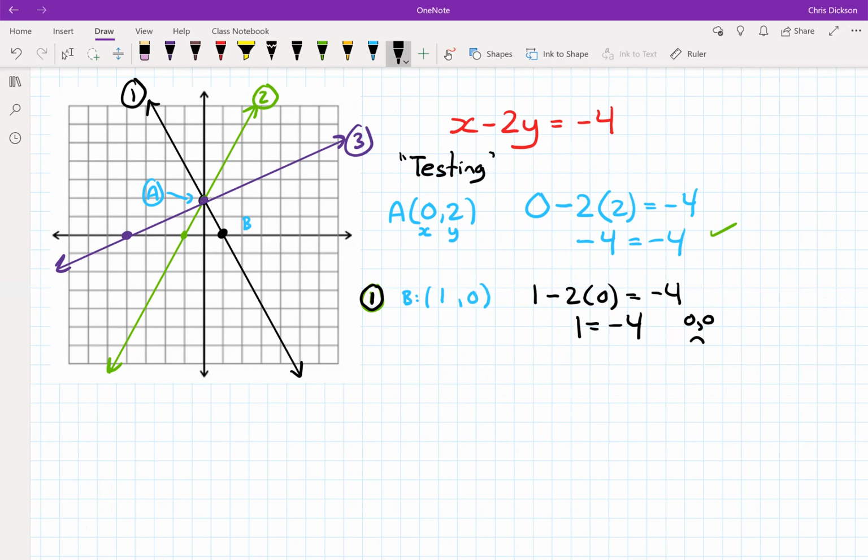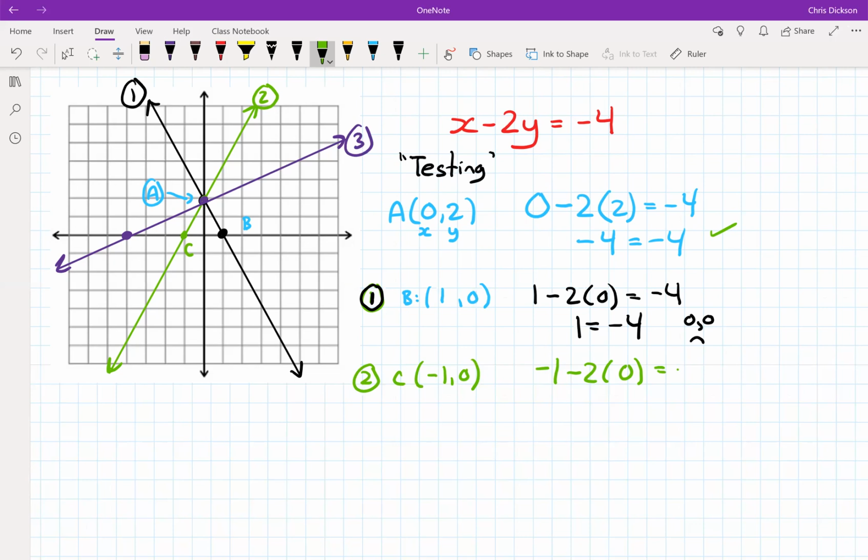Okay, so let's try the green one now. We'll try point C, and that's the x-intercept of the line where it goes through there, which looks like -1, comma 0. And if I plug the numbers in, I'm going to get -1 minus 2 times 0.